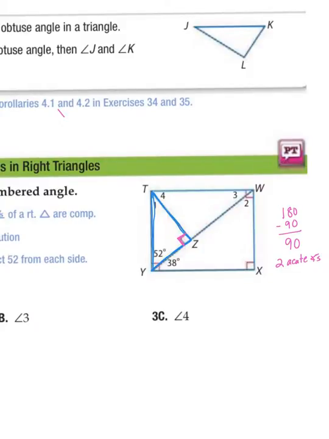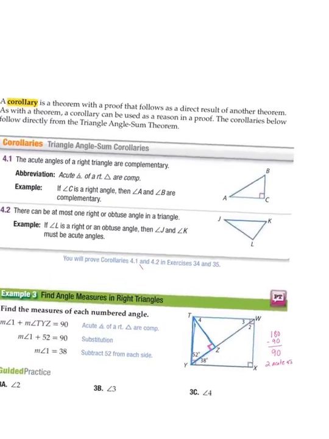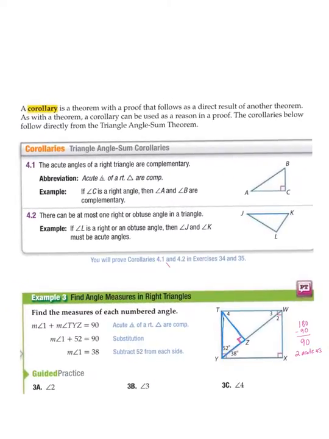And when 2 angles add up to 90 degrees, we call them complementary. So this is where this rule that we had, this corollary, comes in: the acute angles of a right triangle are complementary. Angle A and angle B will add up to 90 because the other 90 degrees of the right triangle are in angle C.